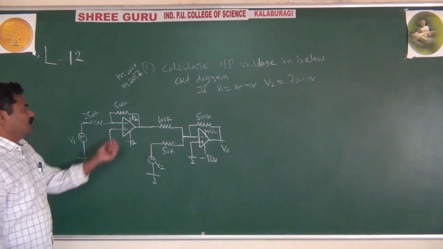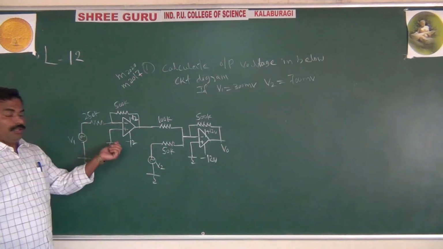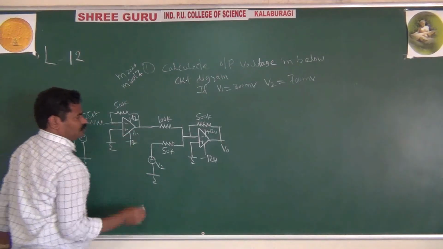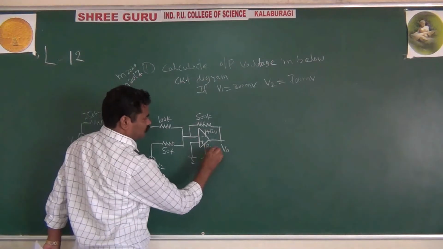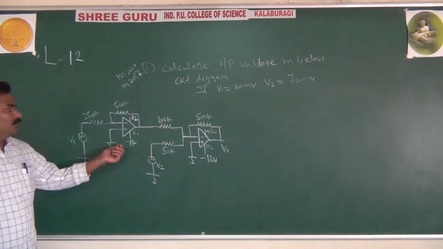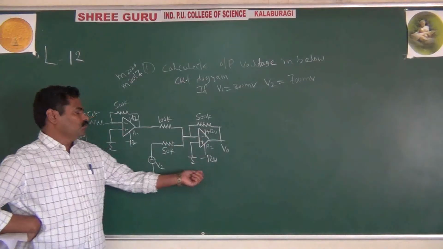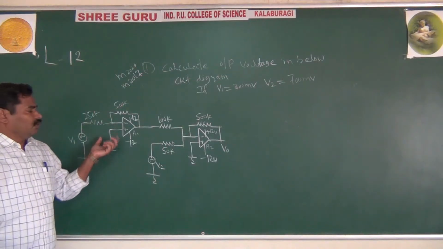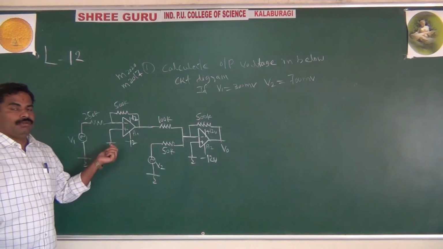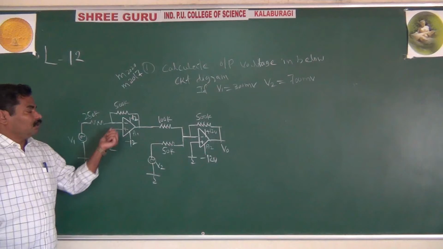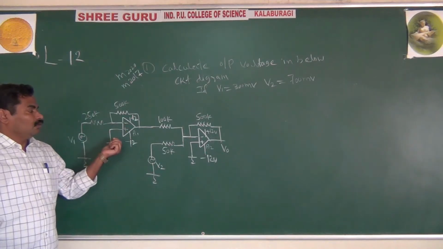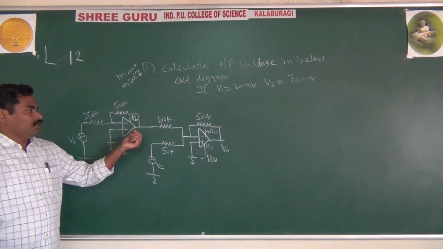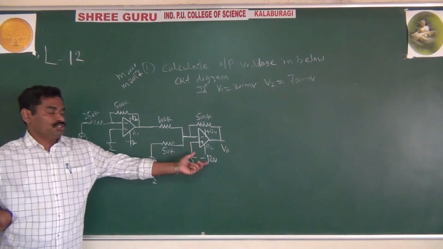It's simple, as usual. It is your inverting amplifier, or you can consider this A1 and this A2. A1 is operational amplifier 1, A2 is operational amplifier 2, and the first, A1, acts as an inverting amplifier. We know the output voltage formula for the inverting amplifier, and after finding the output voltage of A1, this output acts as the input for the second, A2.